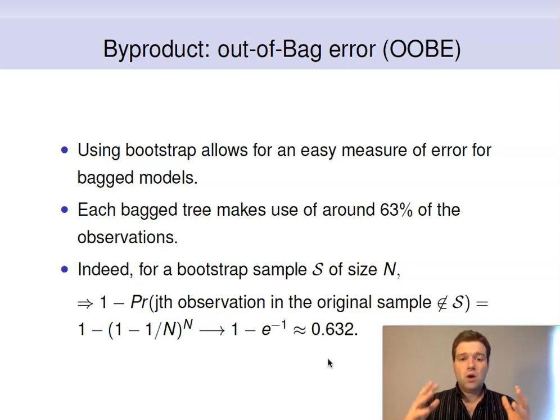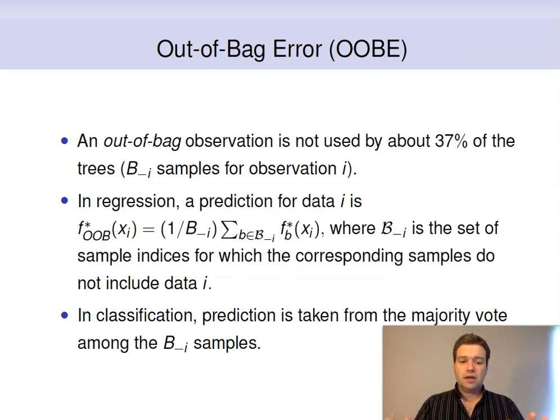First, we have around 63% of the original data set found in the bootstrap sample S. Does that mean that for a given sample there is around 37% of the data that are not used? That means that a given data point is, in the same way, not found in about 37% of the samples.